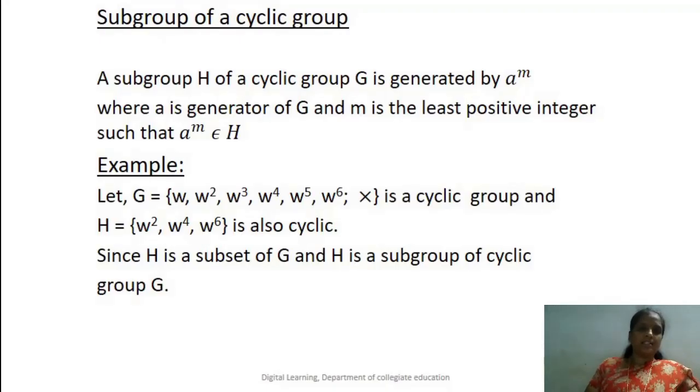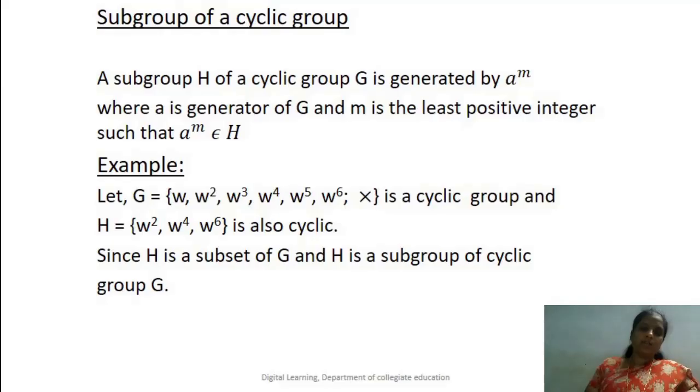See, it is like in sets where we see a subset and the set. Here also it is like a cyclic group and a subgroup of a cyclic group. The cyclic group is denoted by G and the subgroup is denoted by capital H. For example, if G equals omega square, omega cube, omega to the power 4, omega to the power 5, omega to the power 6 under multiplication is a cyclic group, then H is acting as a subgroup of this cyclic group G. That is, the elements from G only we are taking as a subgroup.